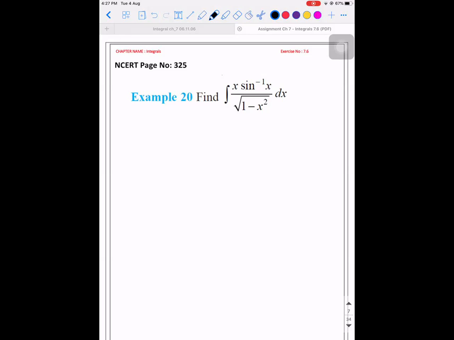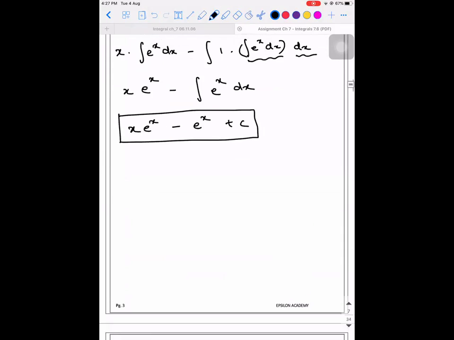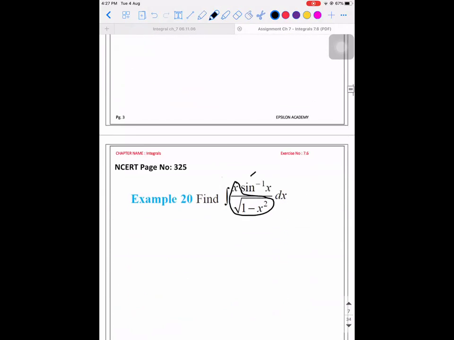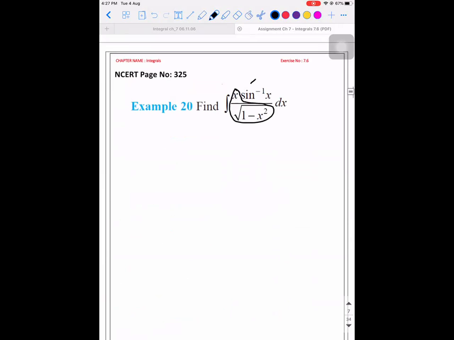Right? So you're able to understand. I'm just discussing the idea that I'm getting. So x divided by root of 1 minus x square can be treated as an algebraic function. Sine inverse x is an inverse trigonometric function. That's all I know. Am I right? See, if you observe the pattern, what is happening to the second function? The second function is getting integrated.